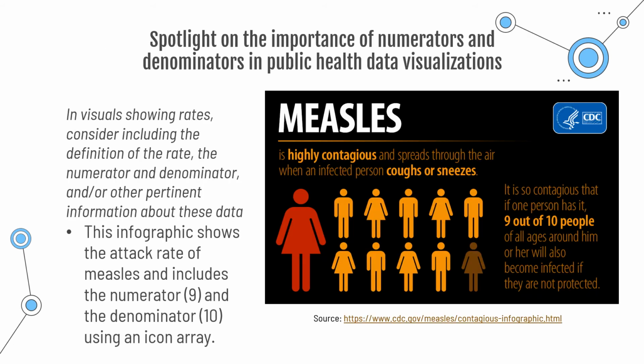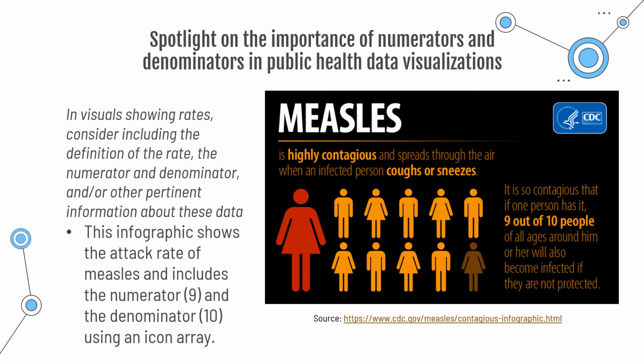I wanted to show an example of a graphic that includes the numerator and denominator directly in the visualization. So this is an infographic about measles from the Centers for Disease Control and Prevention in the United States.